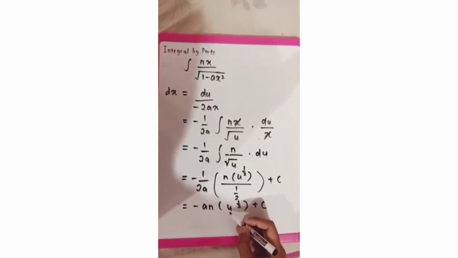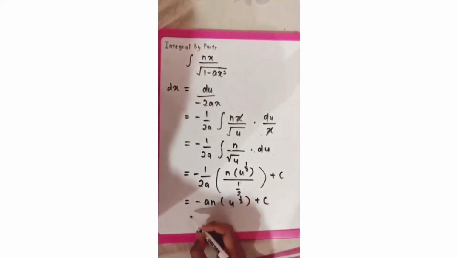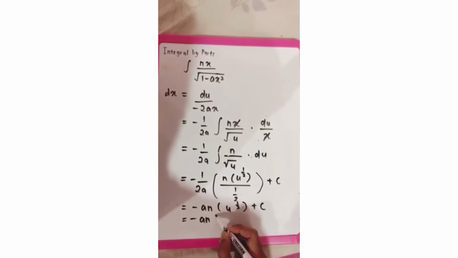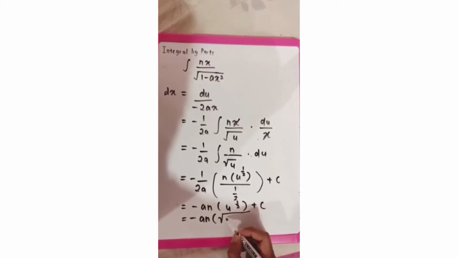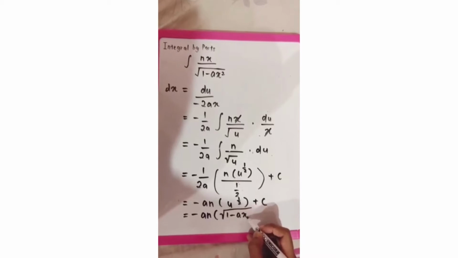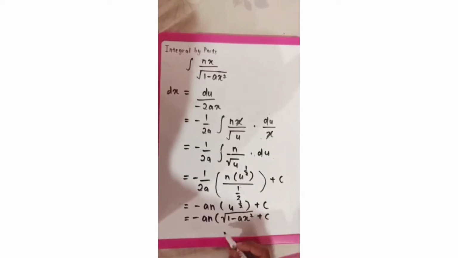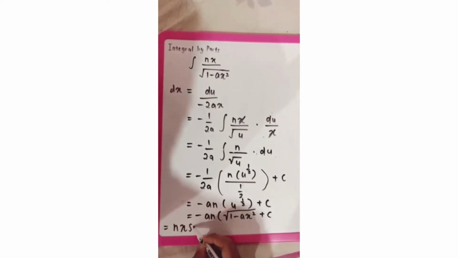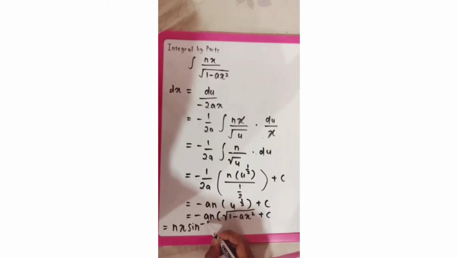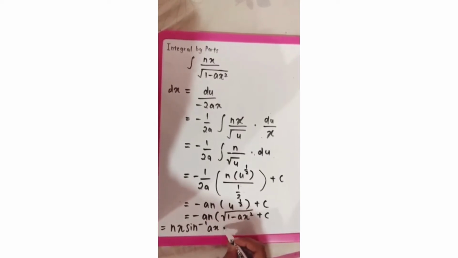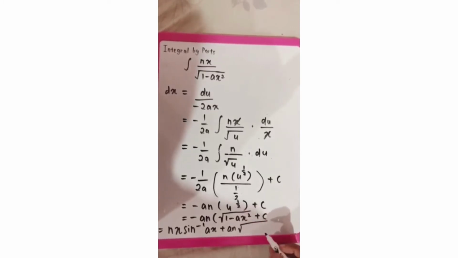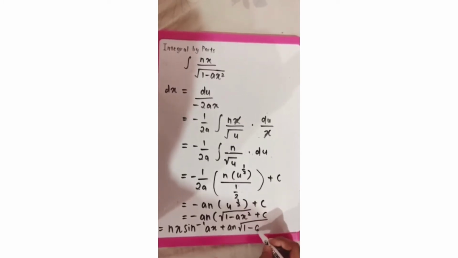So just put the u back, and the answer is an square root of 1 minus ax squared plus c. So the final answer is nx sine to the power of -1 ax plus an square root of 1 minus ax squared plus c.